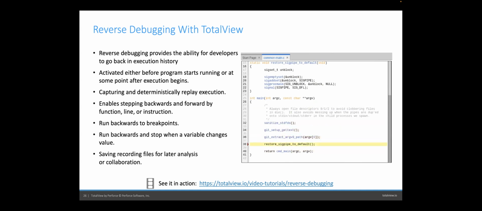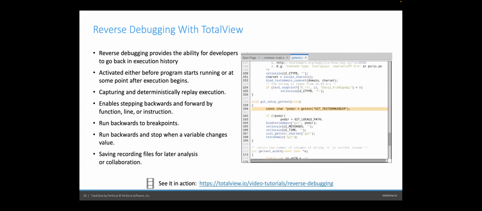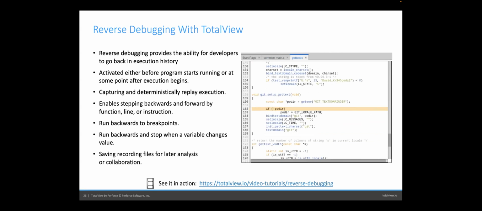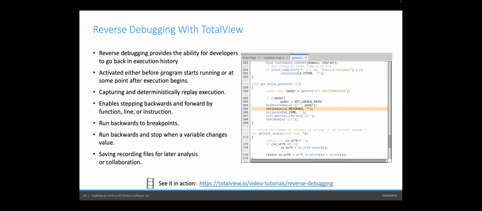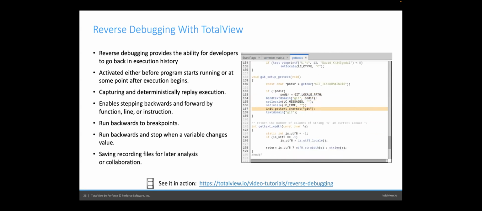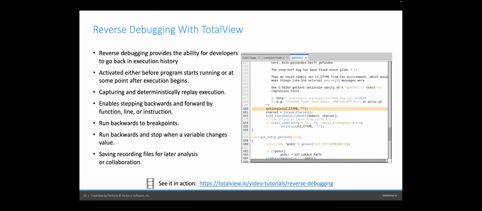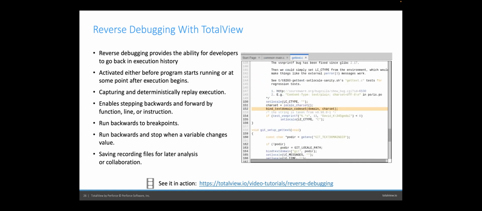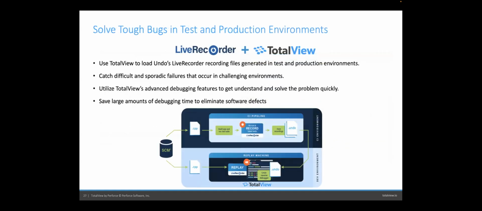One of the things I like best about it is that I can save this session out. It's like a super core file, and I can load that later, or I can share it with a colleague. That allows me to spend some time in a postmortem way to figure out what went wrong, or engage somebody else on my team to help me figure it out as well. This technology actually works really well in a test or continuous integration environment.